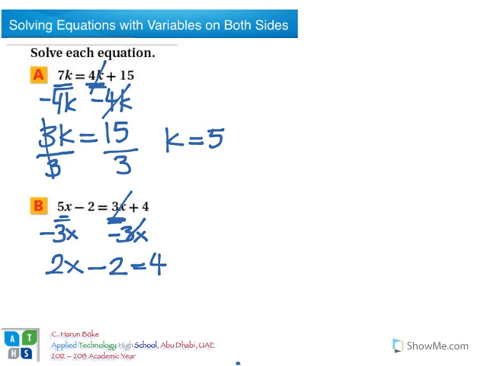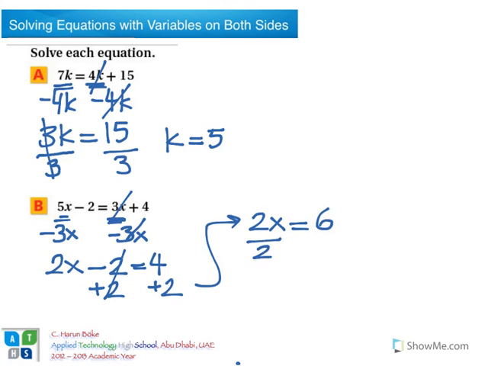Now I know how to solve this. I will go like plus 2 for both sides. So I will cancel this 2. Then it will be 2x equals 4 plus 2 is 6. Then I will divide both sides by 2 to leave x alone. And here, to keep the balance, I divide by 2, I get 3.